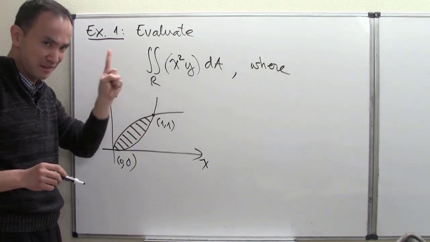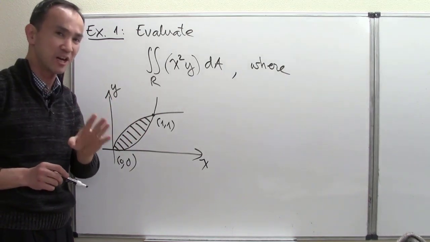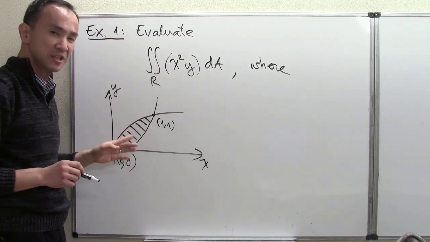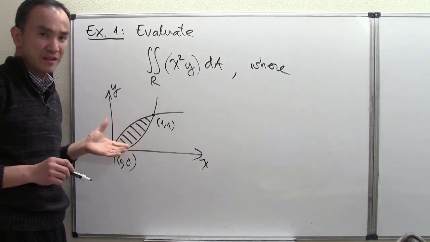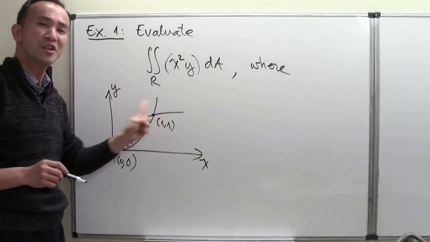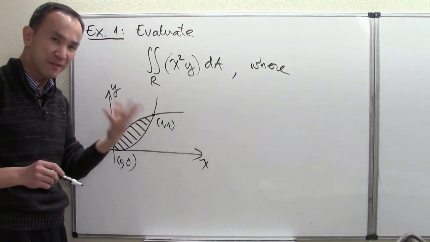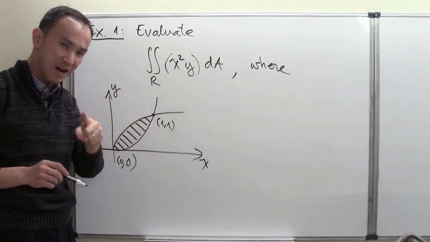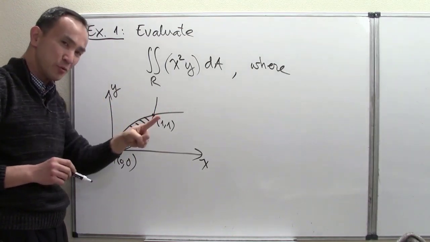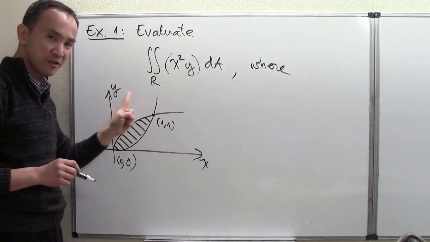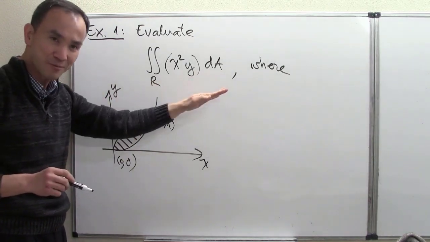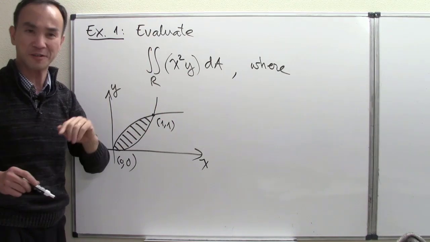Unlike many textbook authors, I purposely hide the equations of these parabolas, but I said it in words earlier: one of them is a sideways parabola, and the other one is an upward parabola.